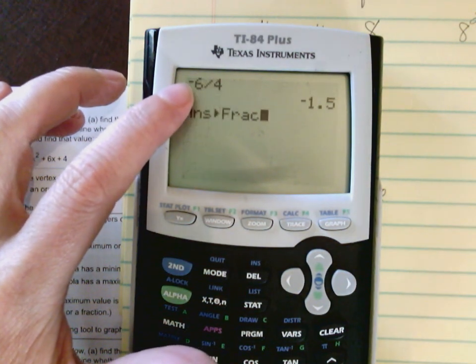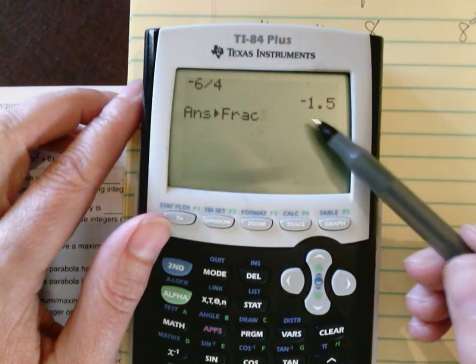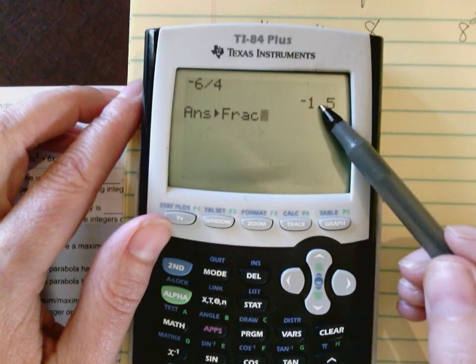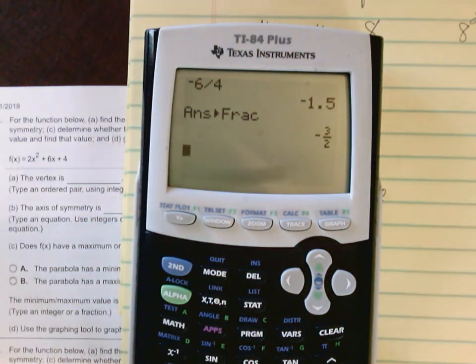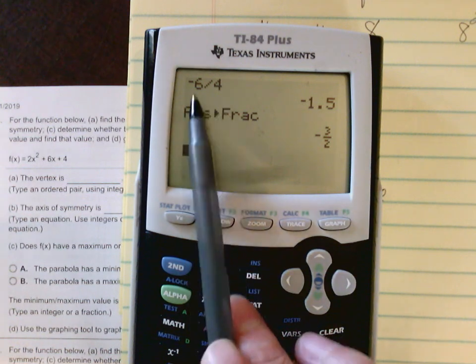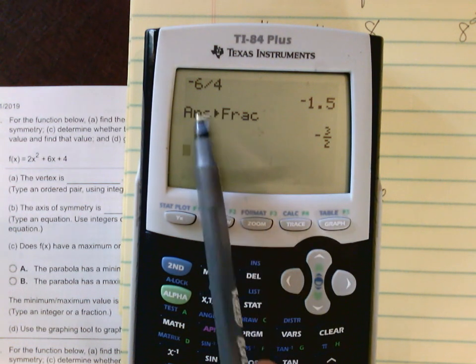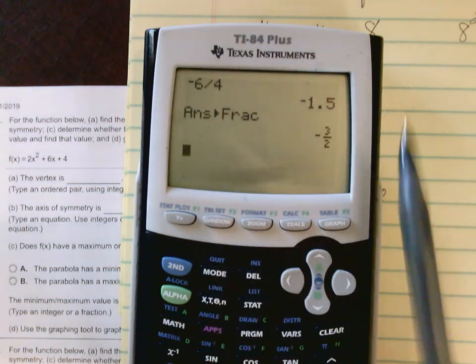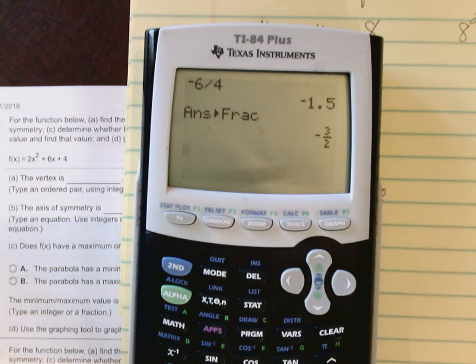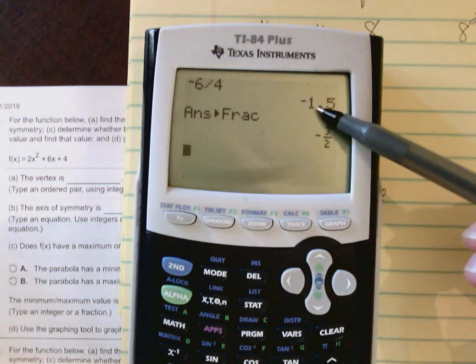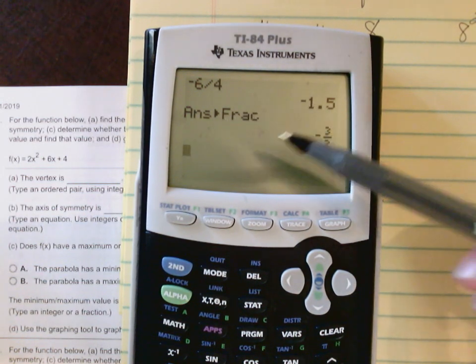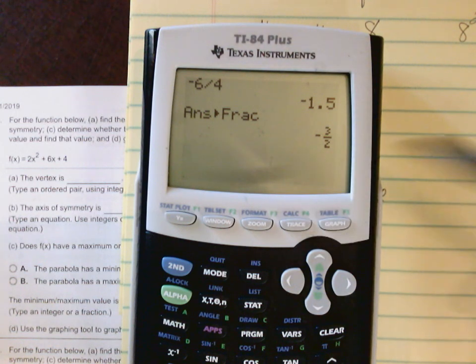So hit enter. It turns this negative 1.5 into a simplified fraction, which is just negative 6/4 reduced. Anytime you want to reduce a fraction, this one wasn't so bad, but some fractions are a lot worse, just type in your fraction, hit enter, and then hit math, enter, enter. That will reduce your fraction.